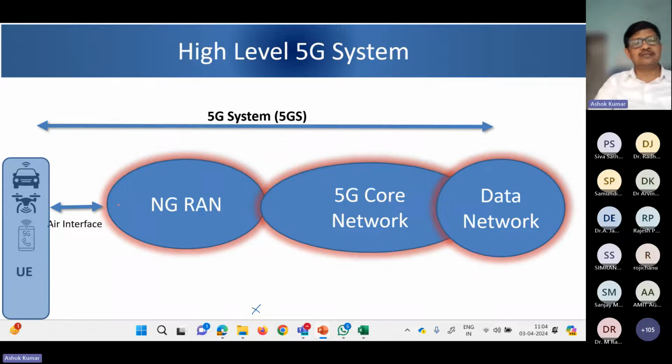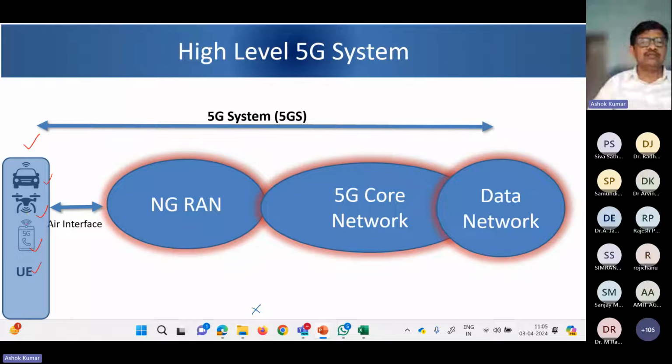This diagram we have already seen in previous lectures. Now when we talk about user equipment here, we are not only talking about mobile, but we are also talking about say drone, say autonomous car. So every object, every machine is now part of the user equipment.